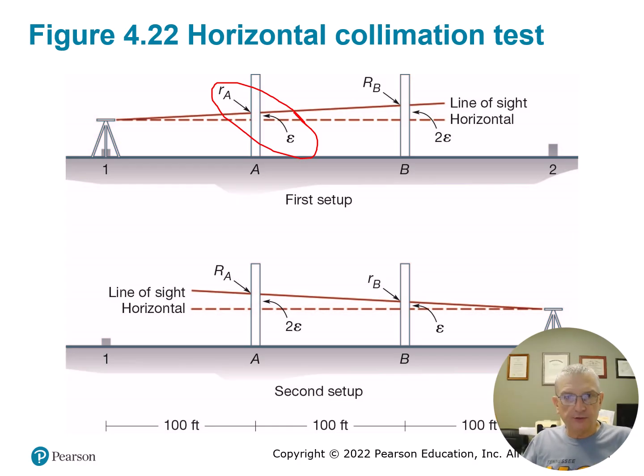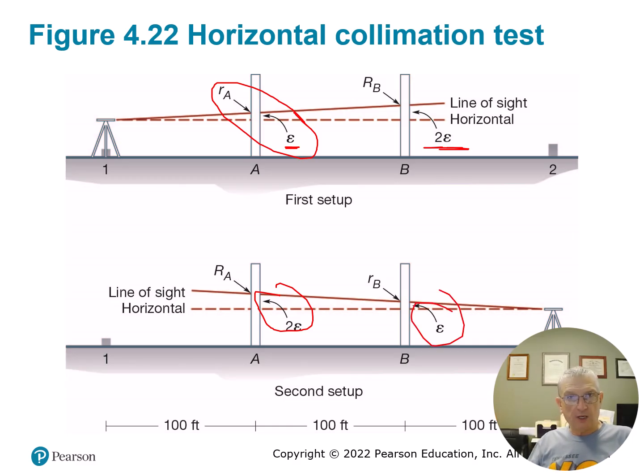So in this case, your 100 foot collimation error E is going to be doubled out here. And you don't know that until you have a check, because as long as you're using the same instrument, if it's level, 2E and E balance out and it's 0, and these lines are the same.